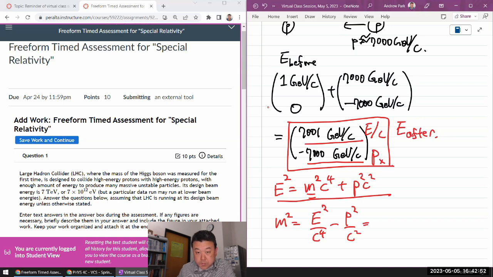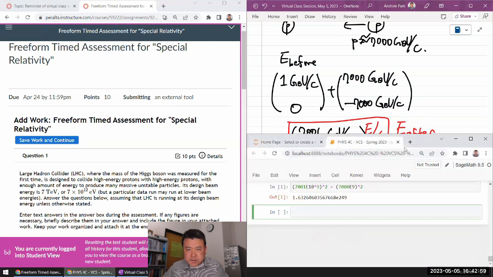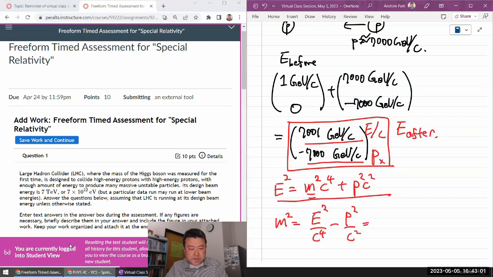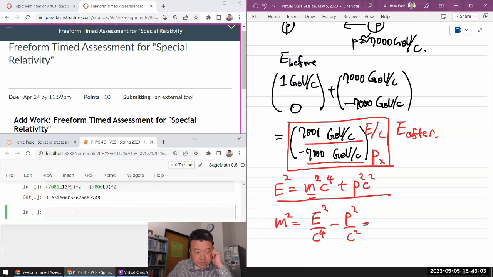So the numbers you have here will be, if I keep everything in giga electron volt units, I think my final unit will be fine. My initial energy is 7,001 giga electron volt, square that, minus the momentum, the 7,000 squared.